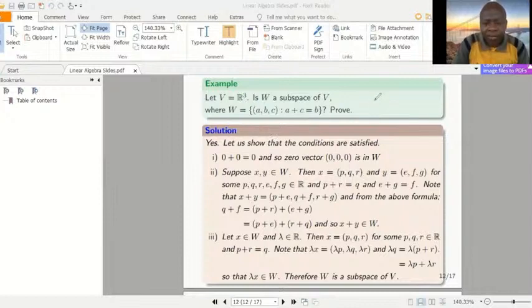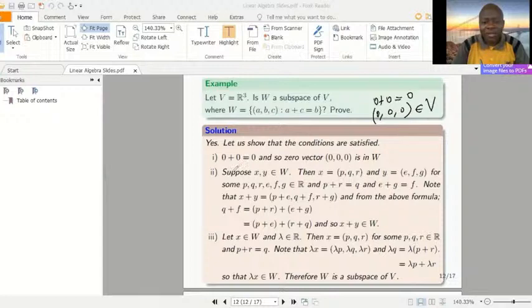If I have 0 plus 0, this will be 0. So the vector 0, 0, 0 is in W, because the sum of the first and third elements gives the second element. So already we've shown that W has the zero vector, so it's not empty.